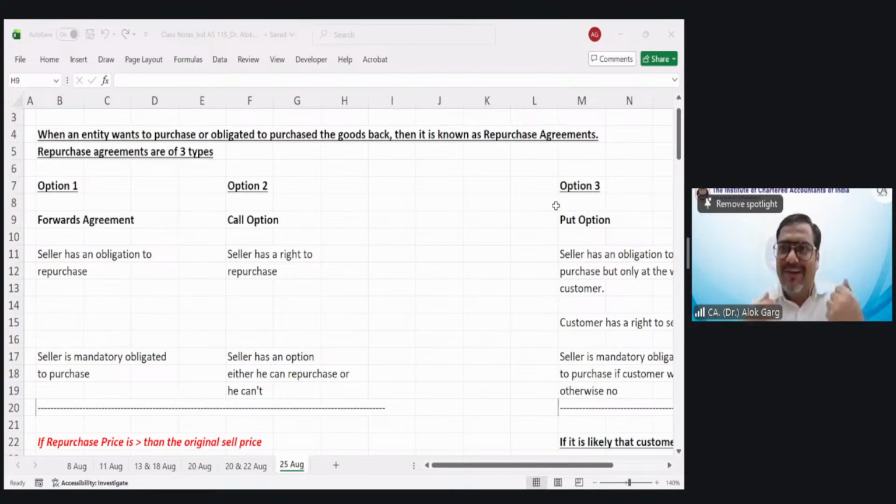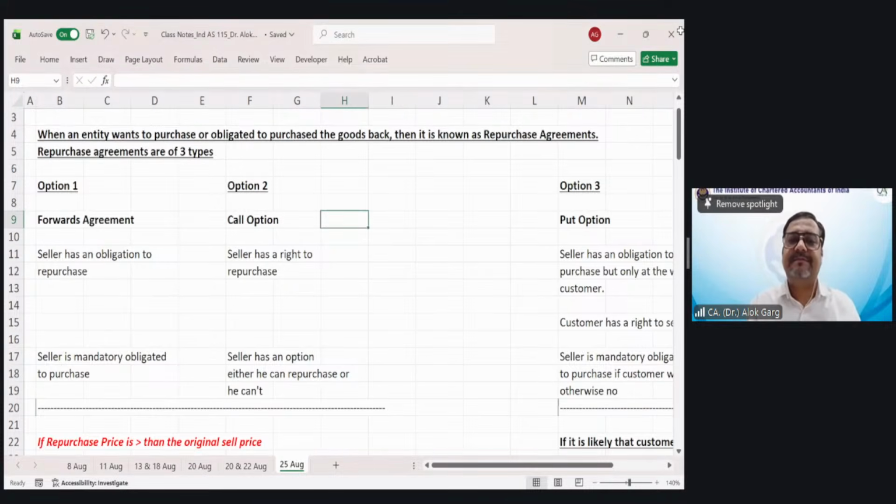The seller has a right to repurchase, meaning the seller has an option to repurchase. Either he can repurchase or he can't.